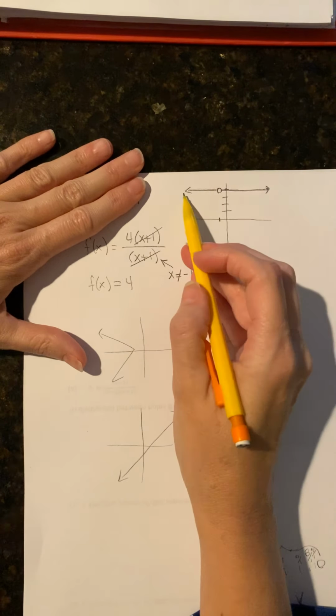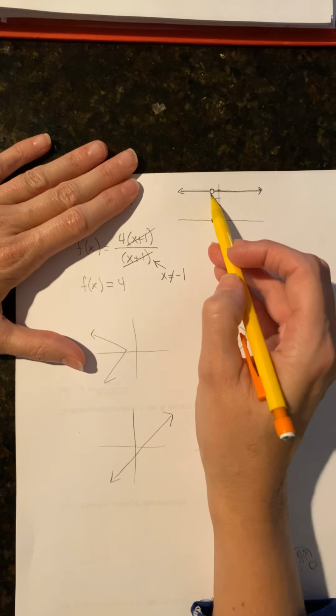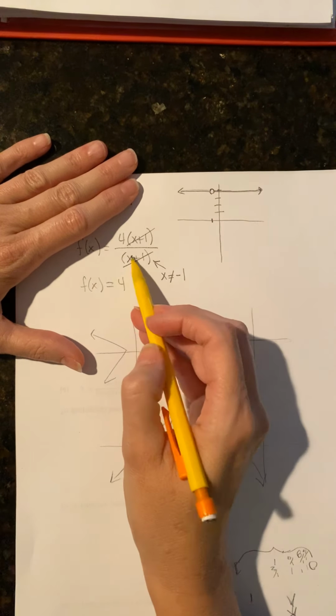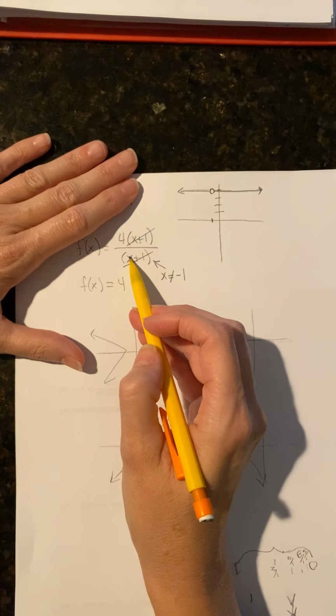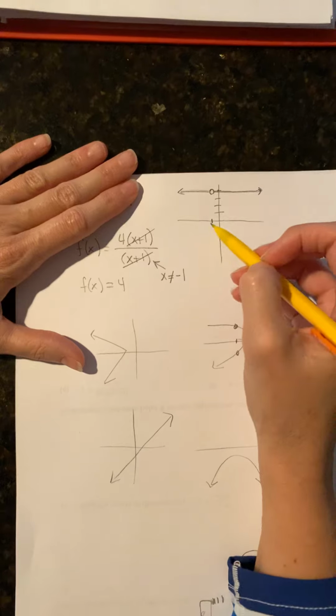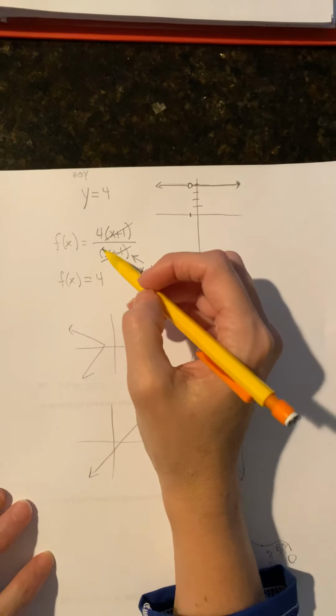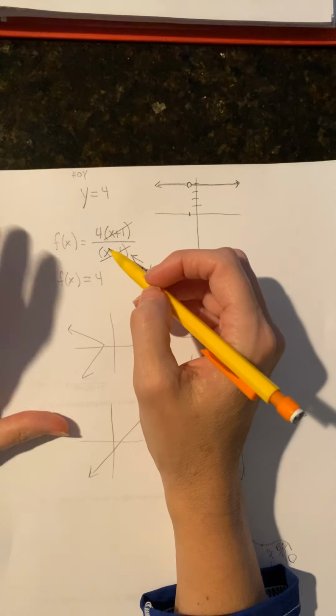Which means I have this perfectly normal looking line at y equals 4, but at -1, there isn't a value there. There couldn't be, because it makes this undefined. It's undefined at -1. So that's how you get holes in graphs from rational functions like this.